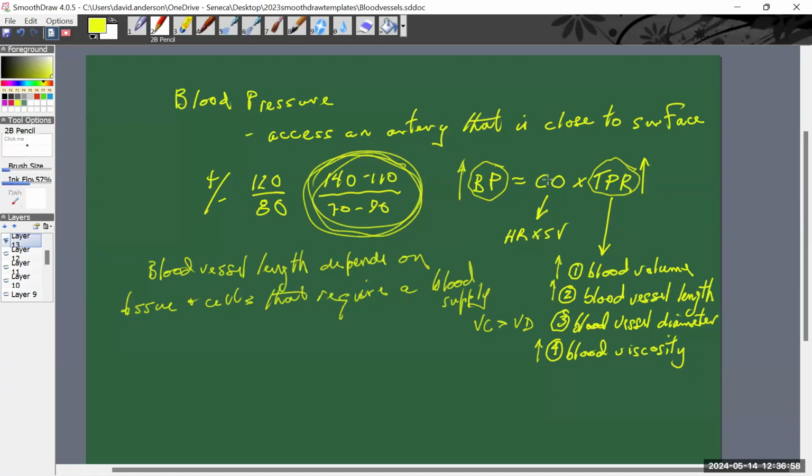And what happens when we go through fight or flight is that overall, there's going to be a vasoconstriction of blood vessels to the digestive system and to the kidneys and to most of the skin and so on. And we can see here that if we have an overall vasoconstriction, that's going to increase total peripheral resistance, which means we increase blood pressure. So it's another way to explain changes to blood pressure based on exercise or stress or total peripheral resistance, those sorts of factors that come into play here.